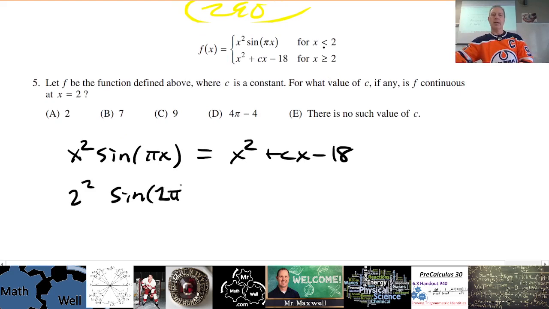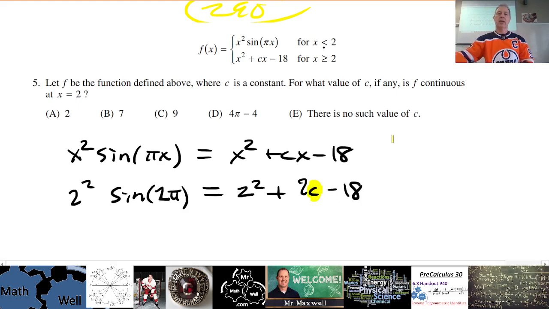That's 2 pi, I guess, equals 2 squared plus 2c. And we do have some latitude here then, because this c obviously can be adjusted, right? It's a variable. So we can adjust c so that they are equal, and we do want those graphs to touch. Okay? All right.